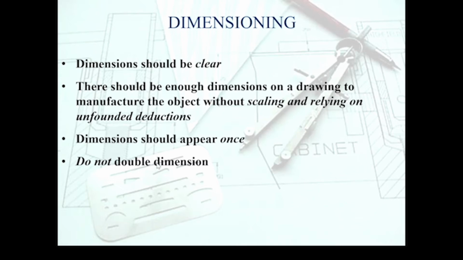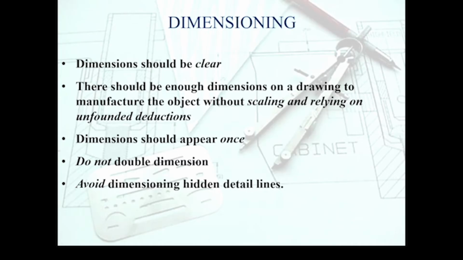The fact that it says do not double dimension means you need to be aware of the overall drawing as well. If you dimension something in one view and then redimension it in some other view, that is classed as double dimensioning.